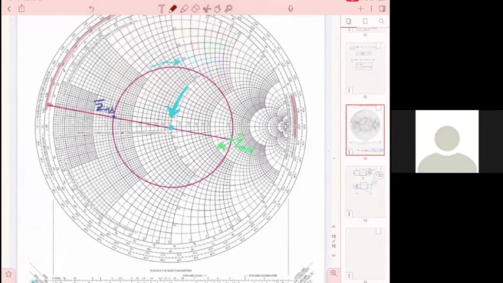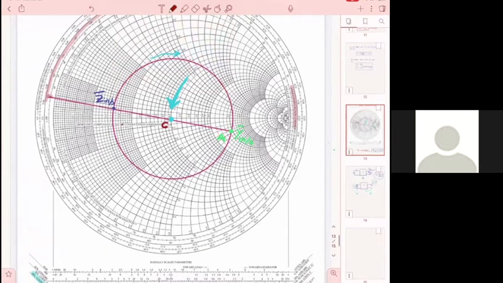Red. My point C is here. I'm gonna go from A to C. How am I gonna go? I have 2 ways of going on the circle. I can go left or I can go right from where I am. Which direction am I gonna take?